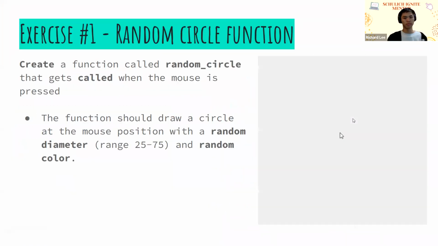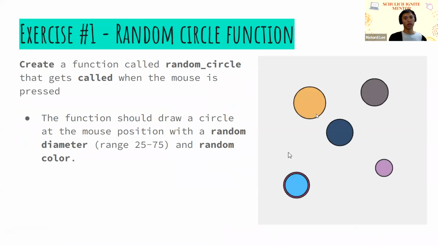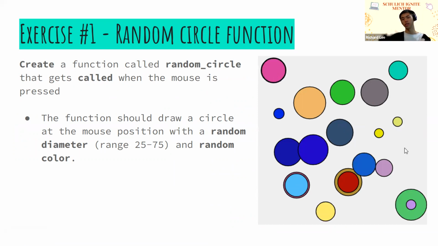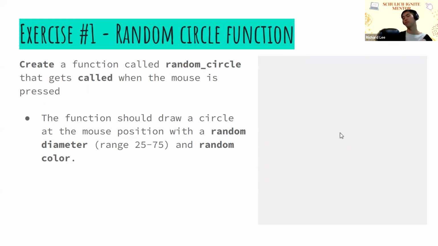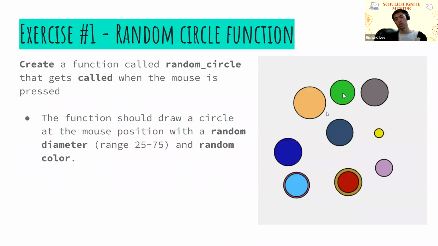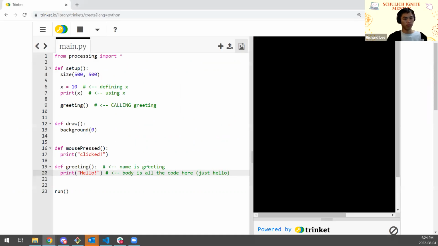Okay, so with that, I'm going to give 10 minutes to try this out. What I want you guys to focus on right now is trying to draw circles that show up wherever you go and click your mouse. And the ideal way of doing this here is that you should be actually creating your own function called draw circle. I don't want you guys to be putting this directly inside of the mouse press.